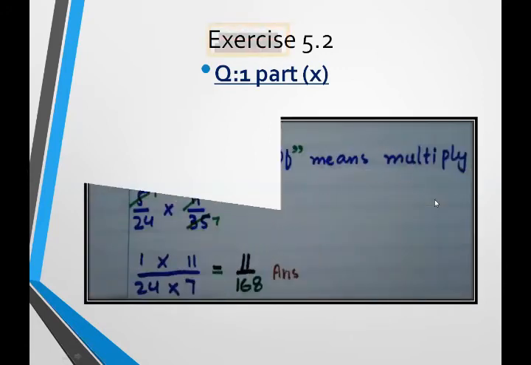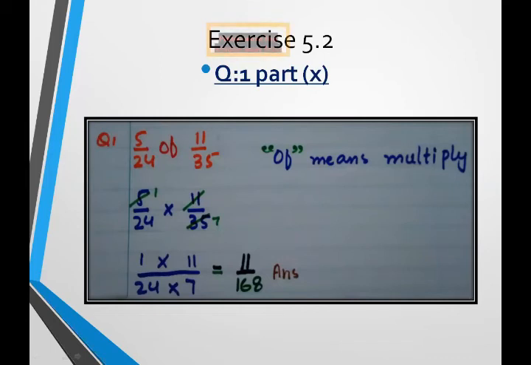This is question number 1, part 10: 5 over 24 of 11 over 31. Of means multiply. As I have already told you in the previous slides, of represents the sign of multiplication.